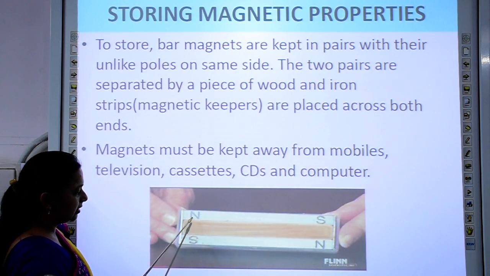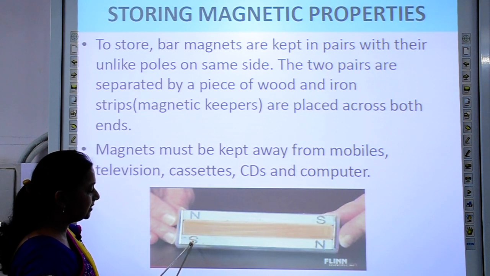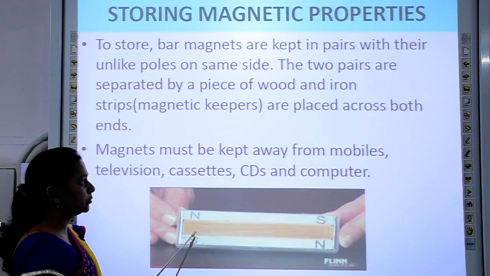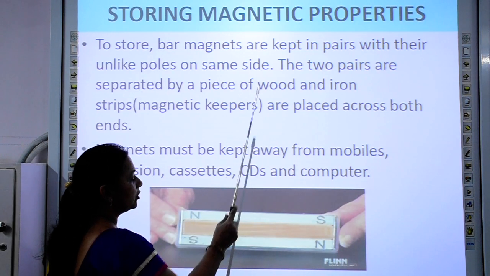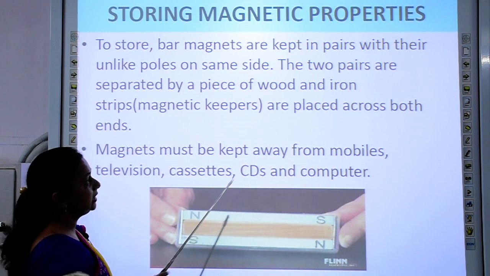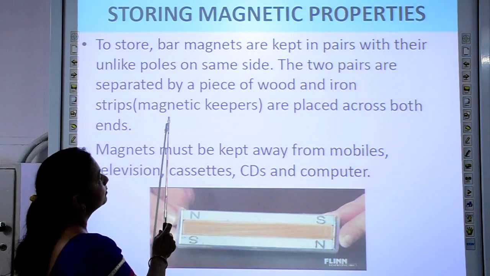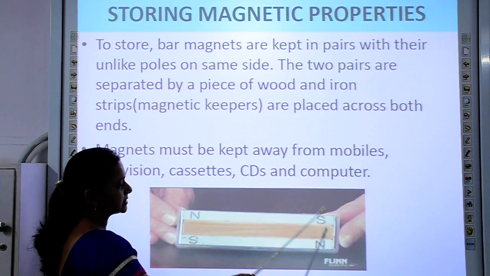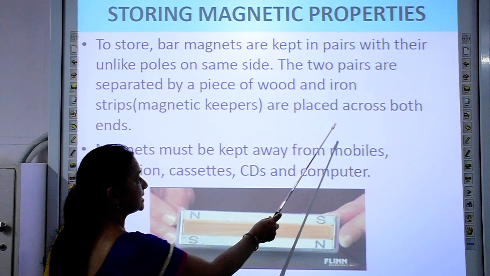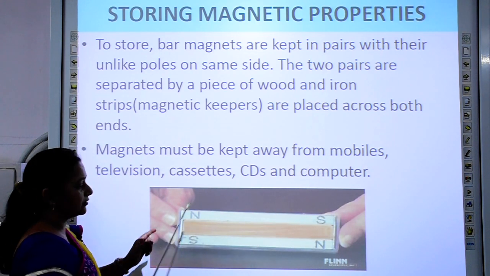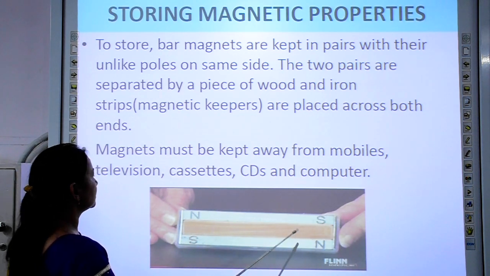One bar magnet has its north pole on this side and the other bar magnet has its south pole on this side, and the two are separated by a piece of wood kept in between. Two iron strips, which are called magnetic keepers, are placed across the two ends of the bar magnets. So, this is how we can store the magnets.